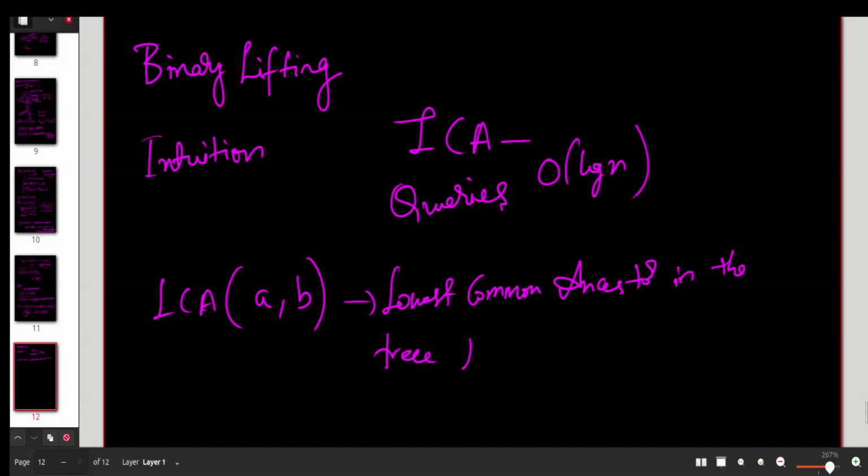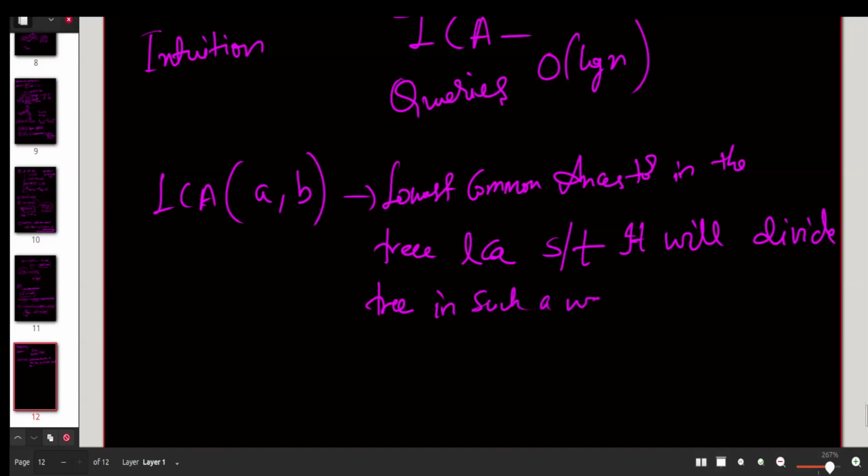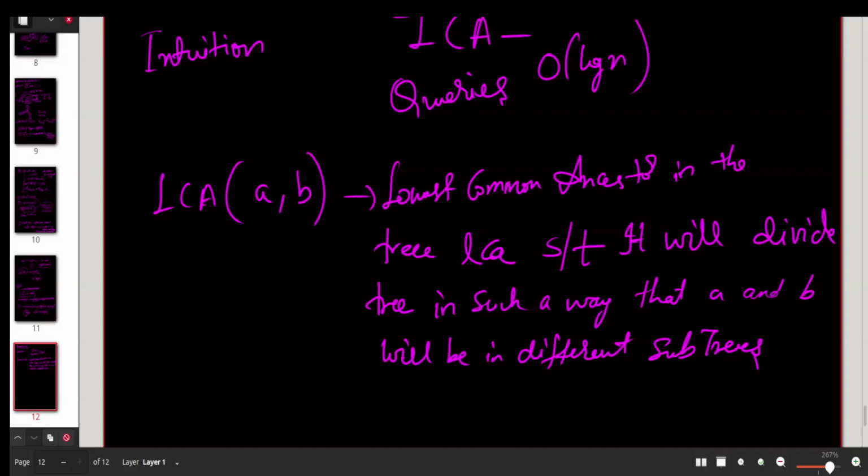Let's say that node is called LCA, such that it will divide the tree in such a way that A and B will be in different subtrees. You can find out about what LCA is on the internet. In this video, I'll only explain the binary lifting and the intuition behind it.